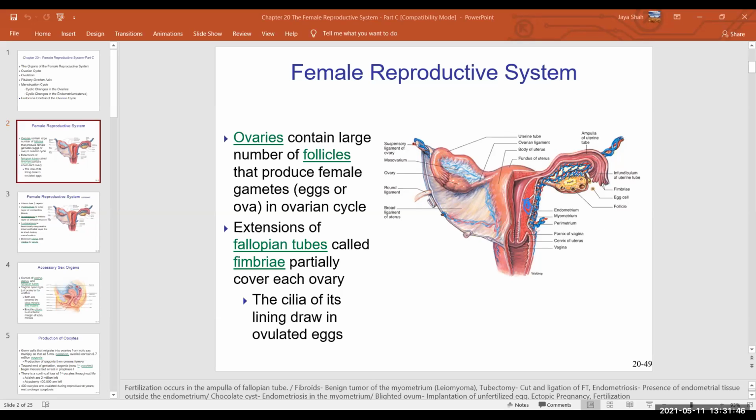So they start digesting the red blood cells and release hemoglobin.